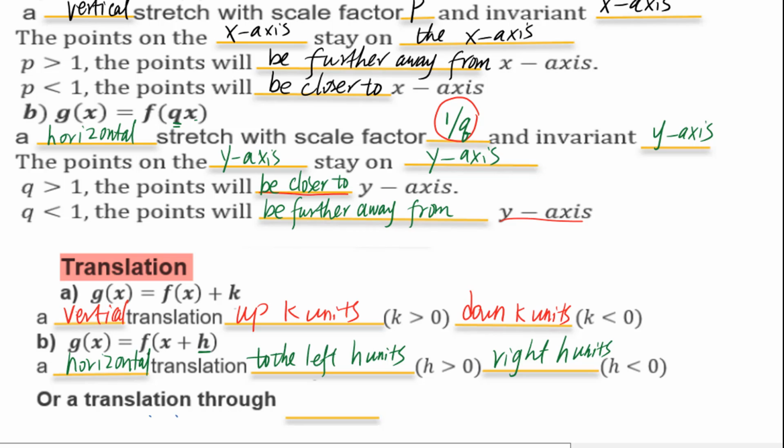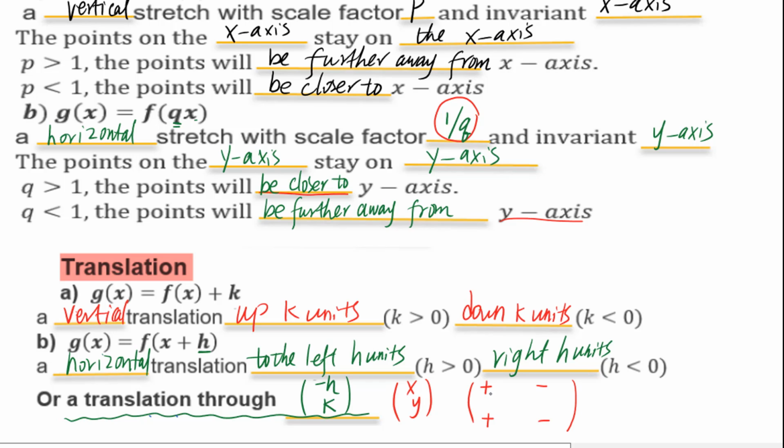Or we can use a vector, a translation through the vector (-h, k). For IB math, try to use a vector to show the translation. For a vector, we have (x, y).